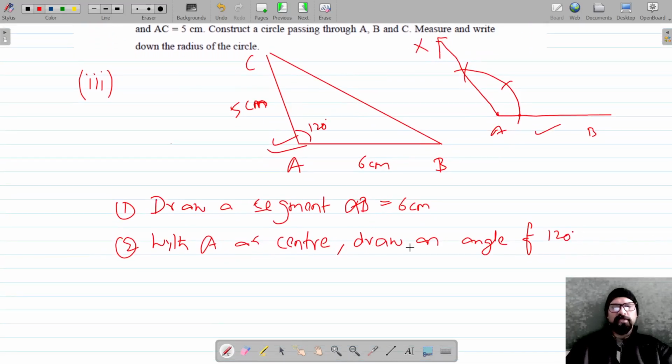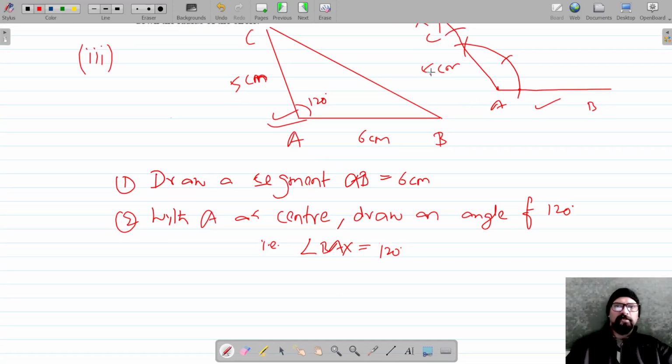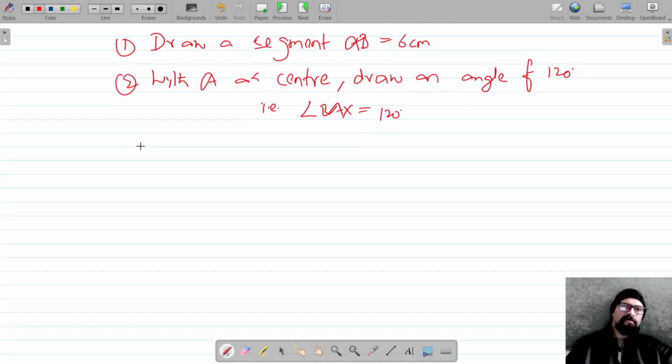So you have considered the center, we have drawn an angle of 120 degree, and this angle BAX is equal to 120 degree. Now with A as center and radius 5 centimeter, we have to cut an arc on AX and name it as C. So that is AC is equal to 5 centimeter.